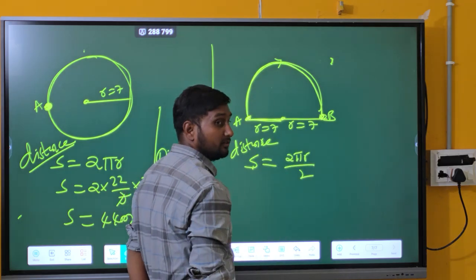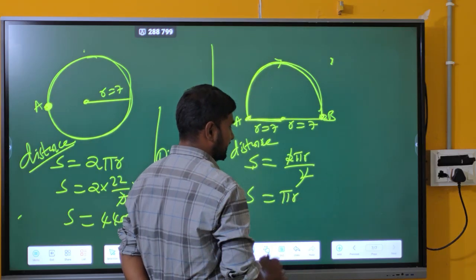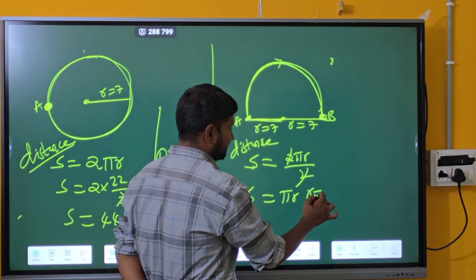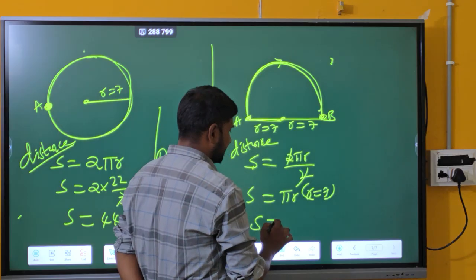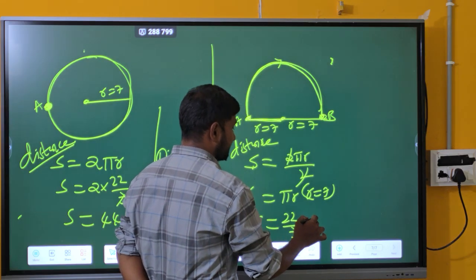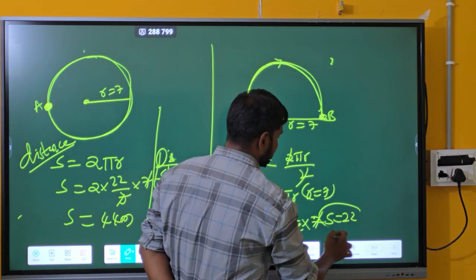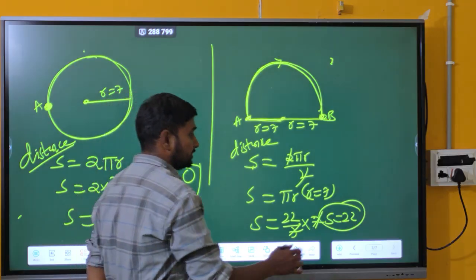The 2 gets cancelled, so s equal to pi r. We know that r equal to 7, then s equal to 22 by 7 into 7. The 7 gets cancelled. The distance of the body is 22 meters.